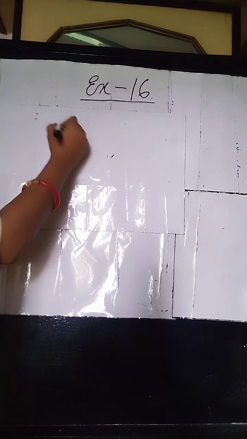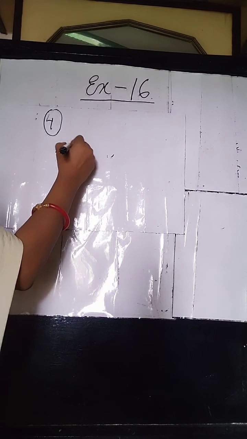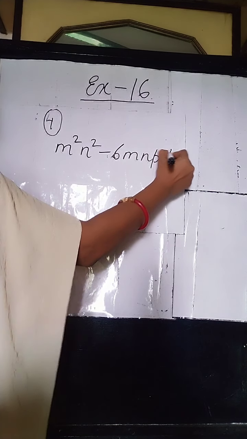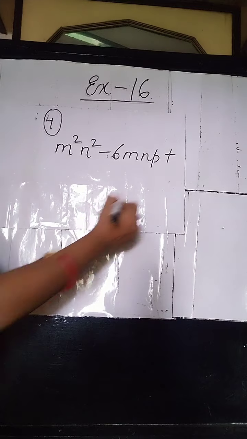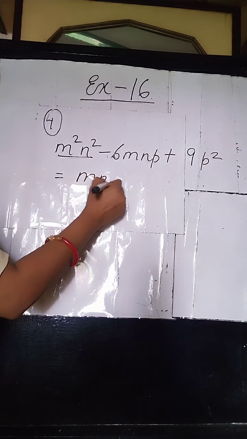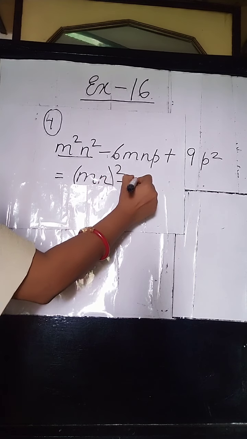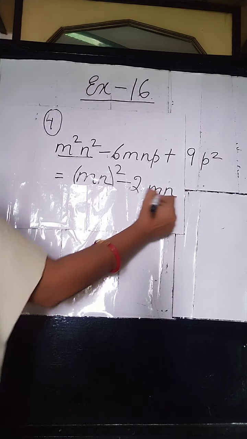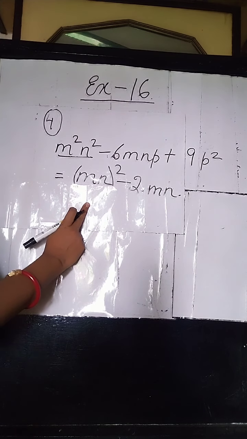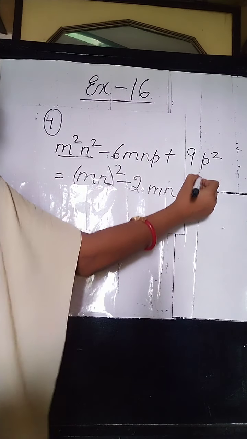In sum number 4 it is given that m square n square minus 6mnp plus 9p square. As you can see, m square n square is the whole square of mn, minus 2 into mn, because here mn is a. mn will be considered as a, and the second term b will be considered as 9p square, which is given.